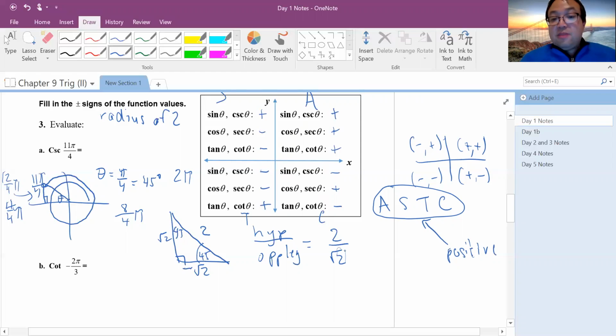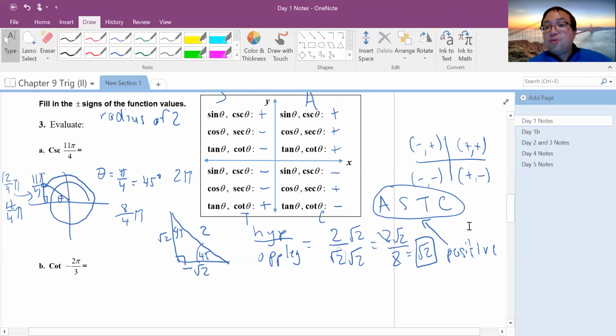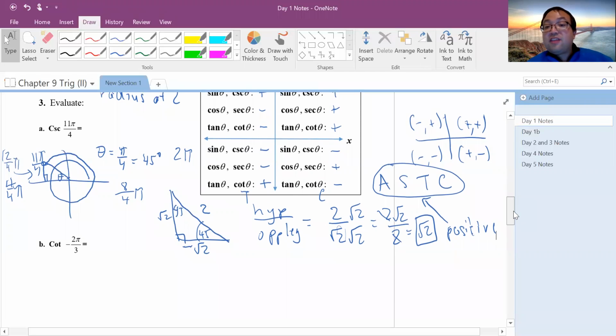Now here I'm not done, though, because here I have to rationalize it, so I can't have a root on the denominator. So I'm going to times this by a root 2 on the top and bottom. So I'm going to have 2 root 2 over 2. The 2's cancel, so I'm going to have square root of 2. So that right there, guys, that was for part A. That's going to be your ratio for cosecant of 11 pi over 4.